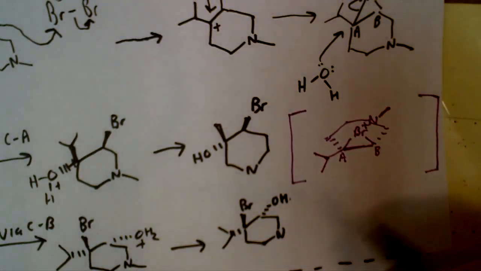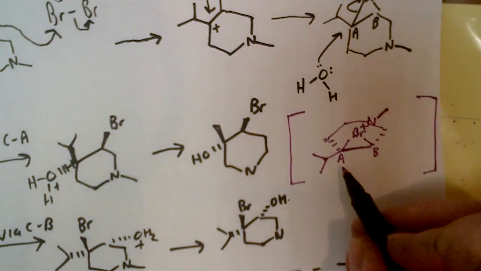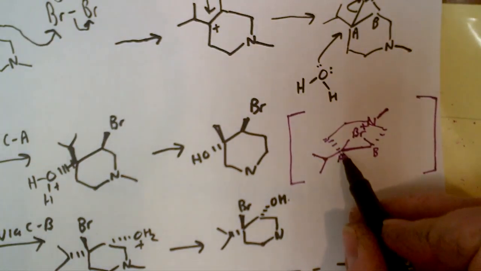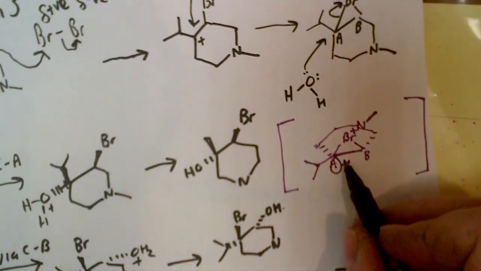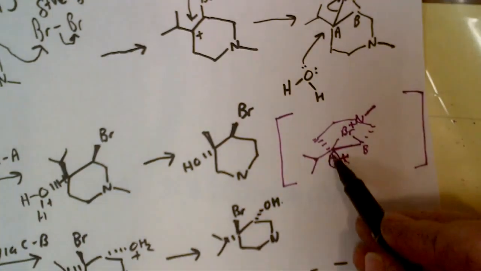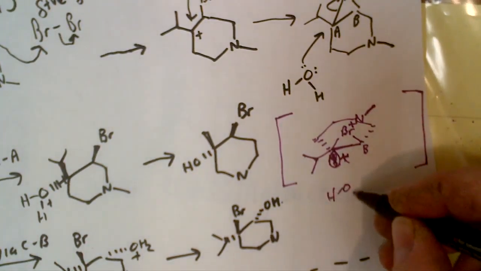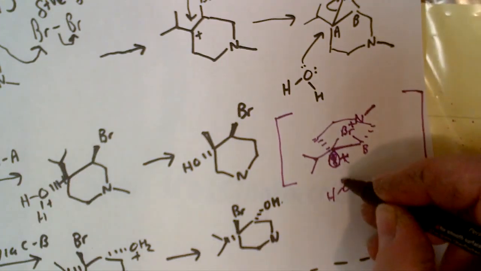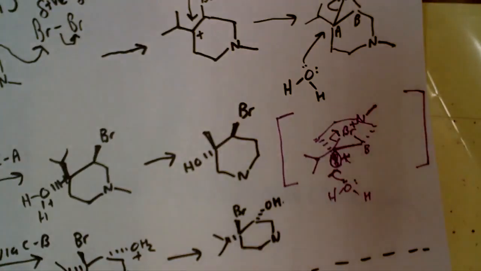Why again would we attack from the bottom of the ring system? So if the carbon A now has the antibonding orbital in place, so this is the antibonding orbital, and we were to attack this orbital from the bottom, we then break the bromine that way.